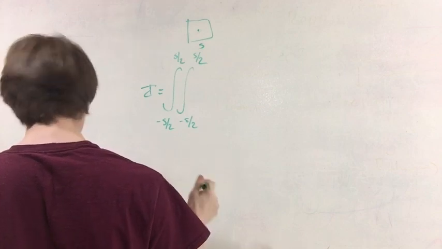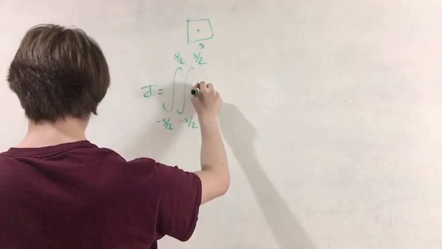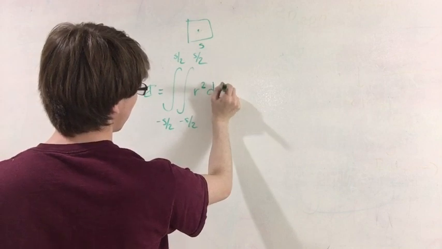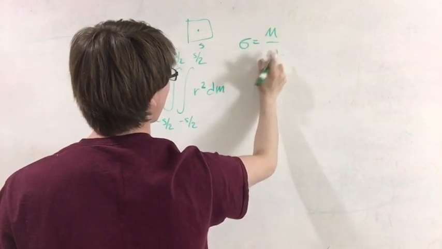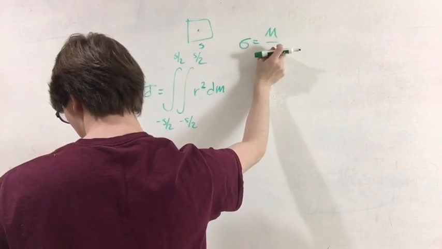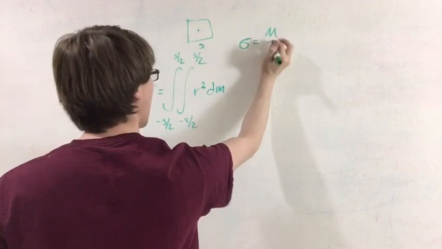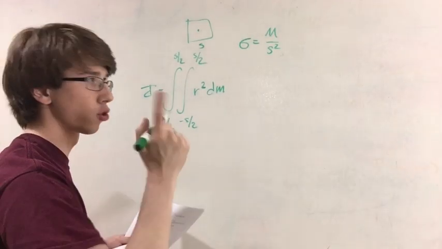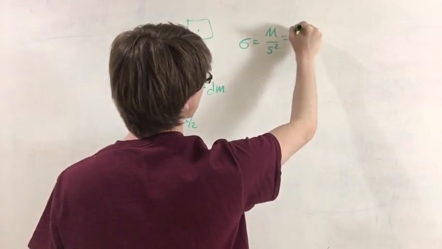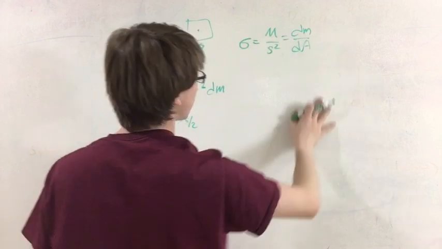Just plug that in. You have r squared dm, right? Well, in this case, sigma is equal to m over A, right? M over A being s squared, because the area of a square is the side length squared. And that's the same thing as dm over dA.